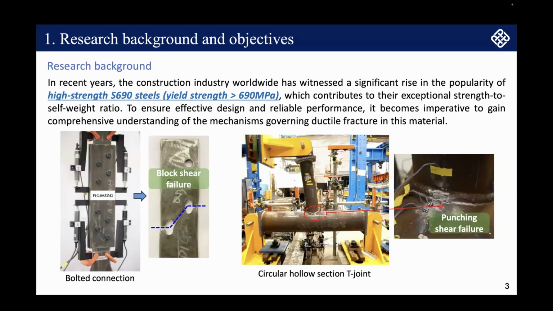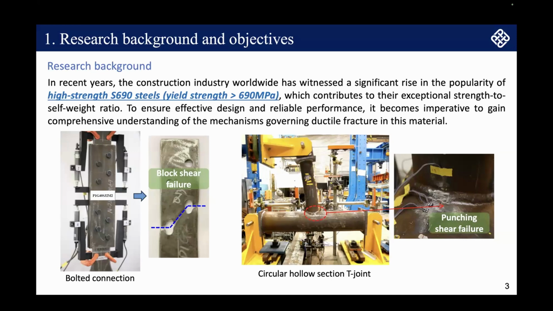In structural engineering, steel with a yield strength over 690 MPa is called high-strength steel. In steel structures, bolted and welded joints are the main connections.